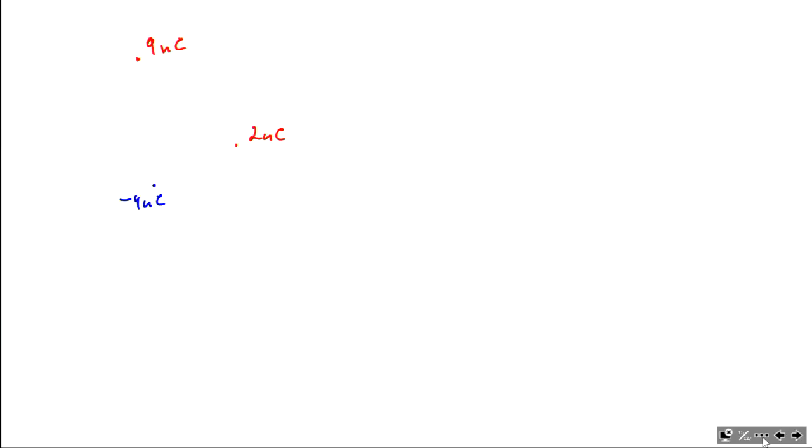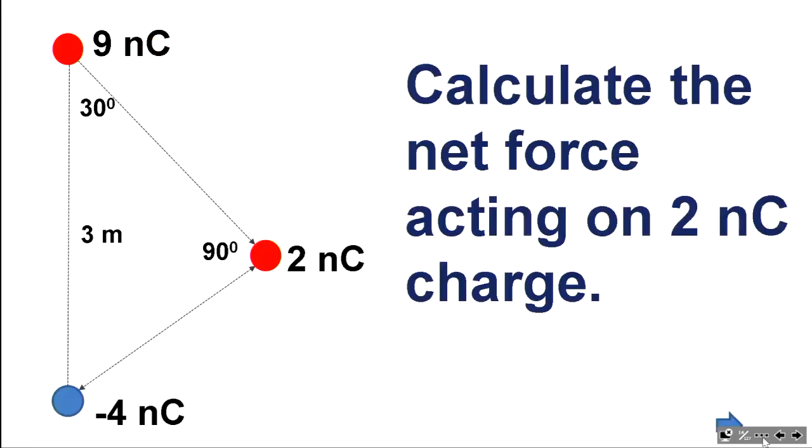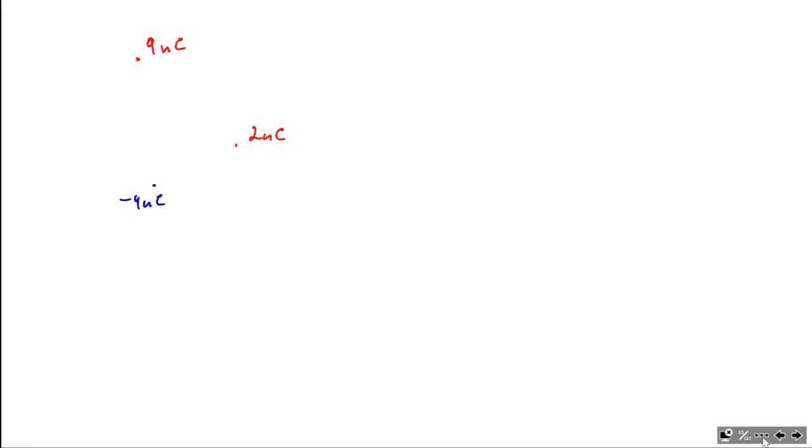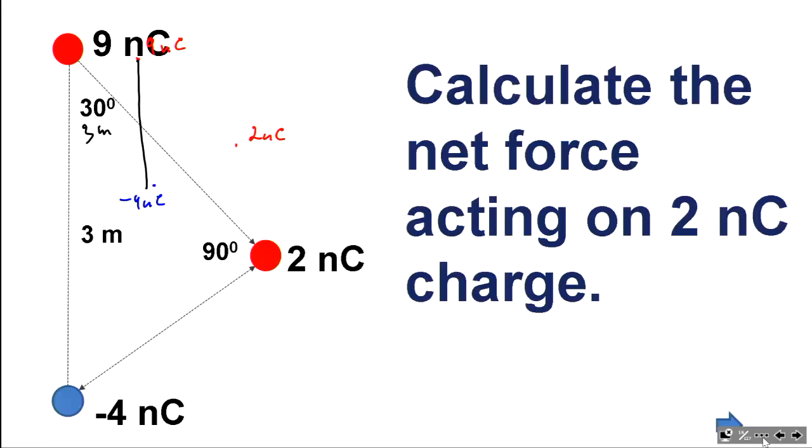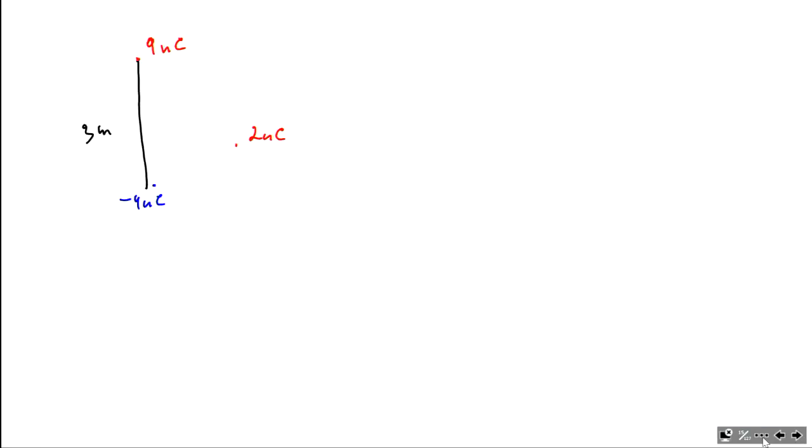We know the angle and the distance. 3 meters, yeah, and 30 degrees. And because this angle is 30 degrees and this angle is given as a right angle, this angle will be equal to 60 degrees.